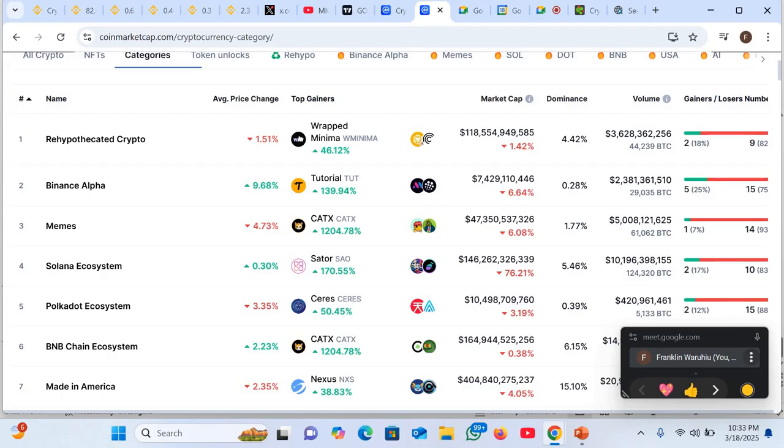You will realize that cryptocurrencies built under the Solana ecosystem will be performing quite well. Maybe I can give an example of a coin under the Solana ecosystem. We have what we call WIF. WIF is an example of a coin under the Solana ecosystem. We have the likes of Bonk. These are just examples of tokens under the Solana ecosystem.